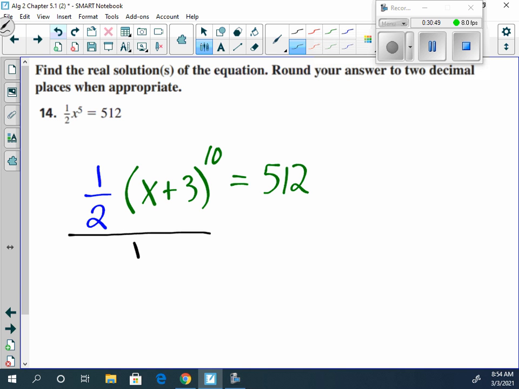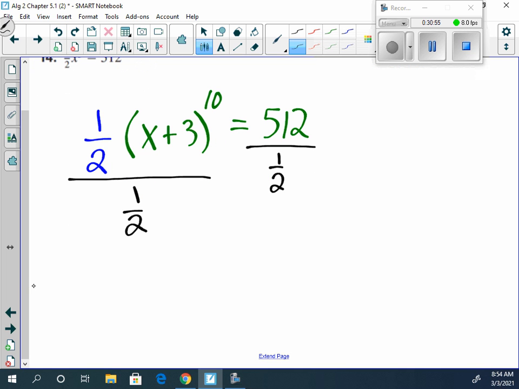We can divide this by 1/2, which is fine, or we can multiply it by 2. Either one will give us the exact same answer.